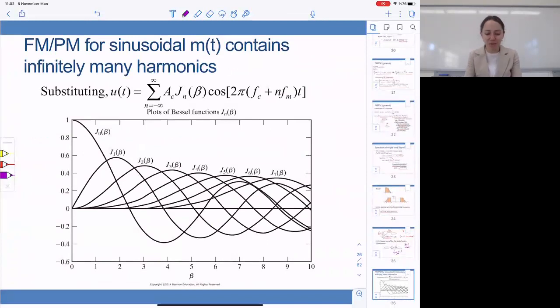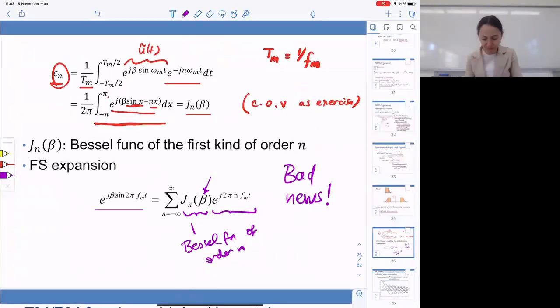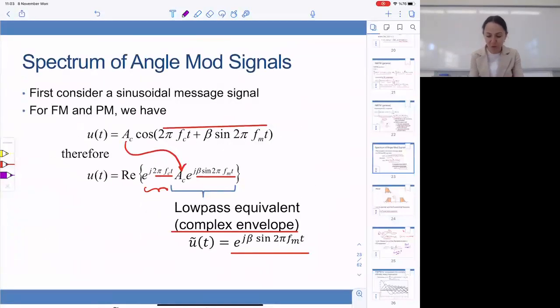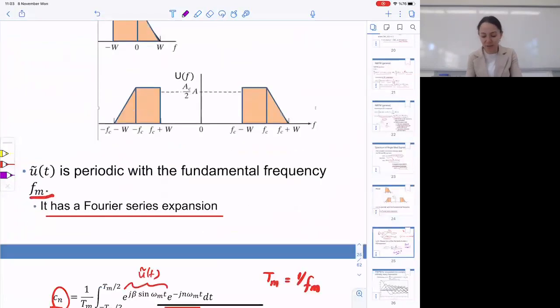Now, let's go back to the theoretical expression of summing infinitely many Fourier series terms. But for simplicity, we are still considering a sinusoidal message signal.